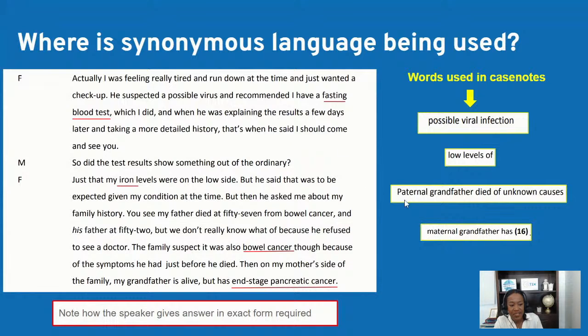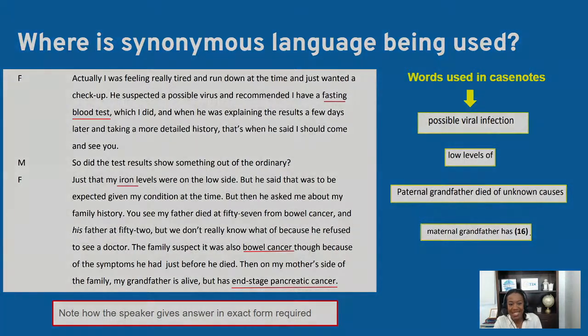And then try and find what was said instead of paternal grandfather and unknown causes. And then have a look for what is said instead of maternal grandfather. Let's see how you did.